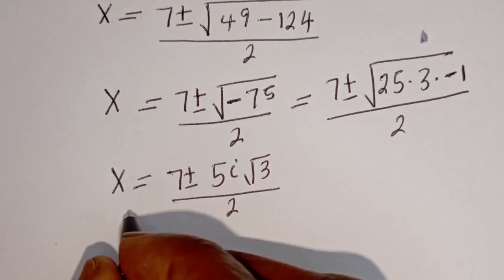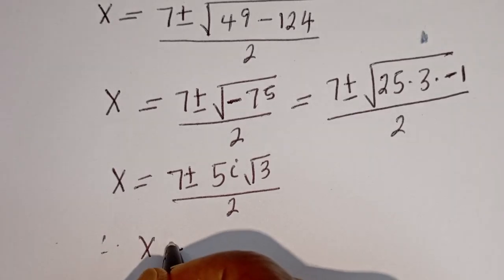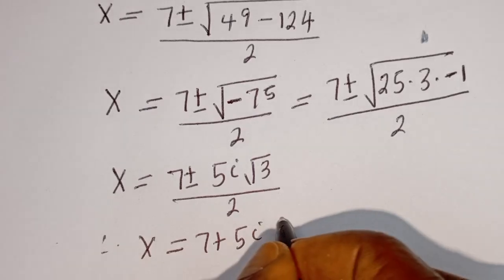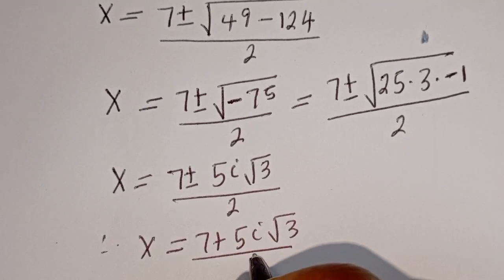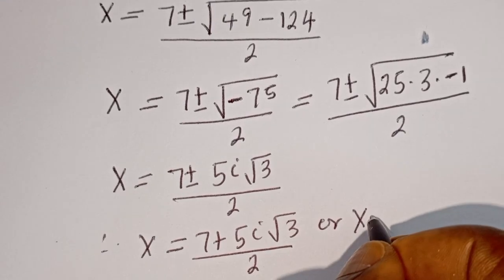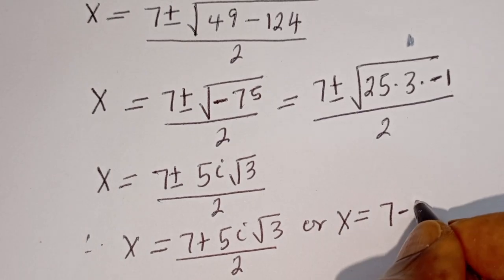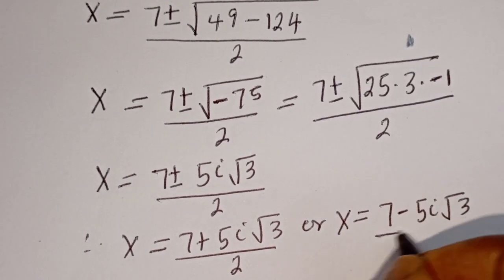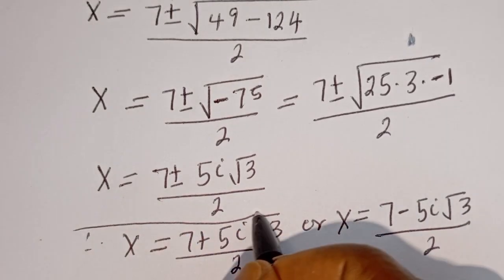Therefore, x is equal to (7 plus 5i root 3) divided by 2, or x is equal to (7 minus 5i root 3) divided by 2. So these are the other values of x from the first case.